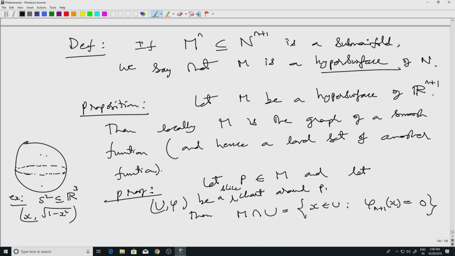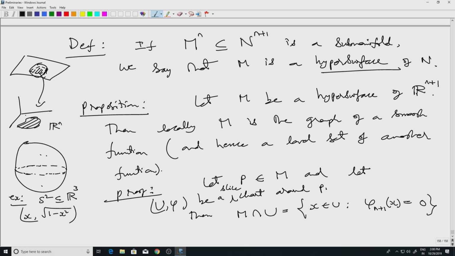The picture is that this is P. I have a bigger open set, and this portion is taken to something in R^n.